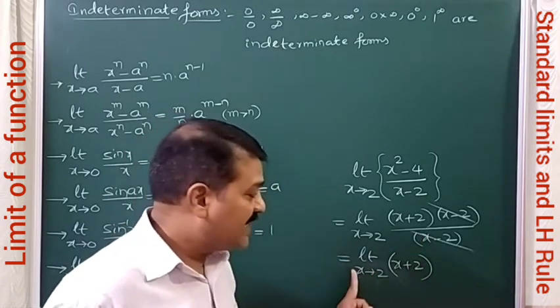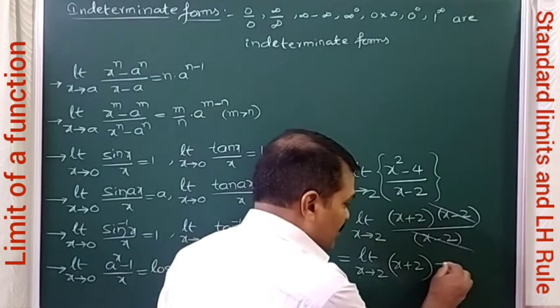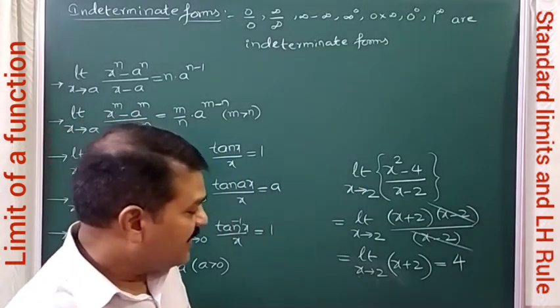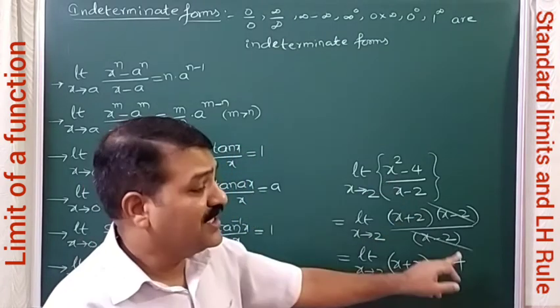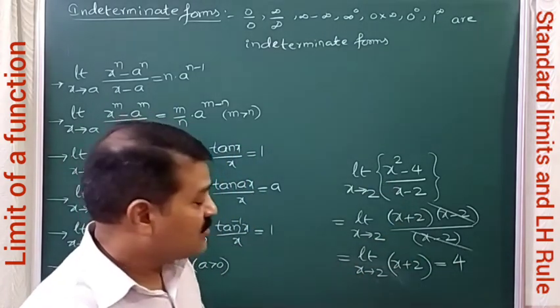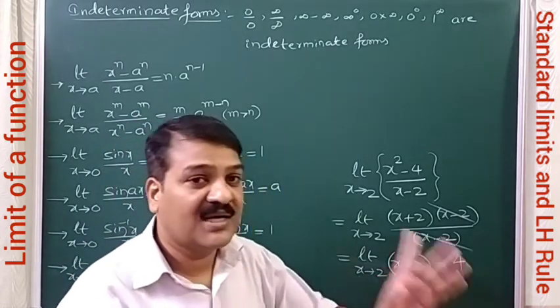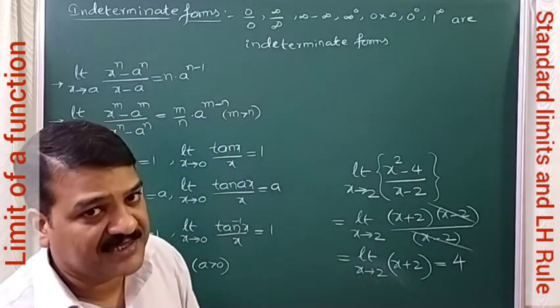Now you can use direct substitution of 2 in place of x, so your answer is 4. That means when x is nearly 2, the limit of this function is nearly 4. Exactly 2 we are not taking, exactly 4 we are not getting; approximately 4 is the meaning of that.